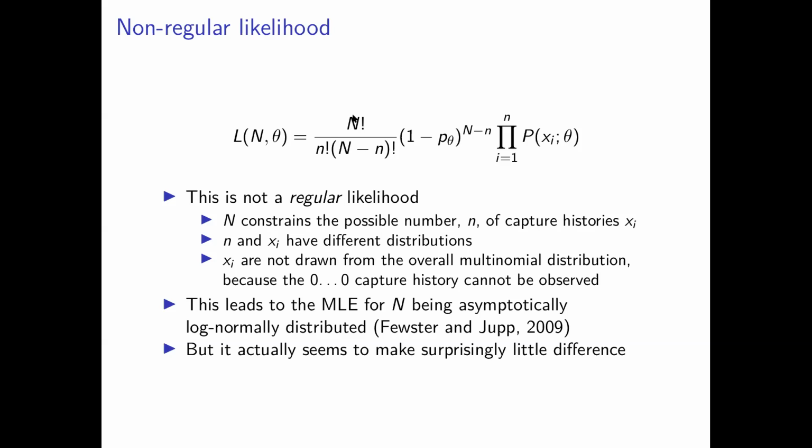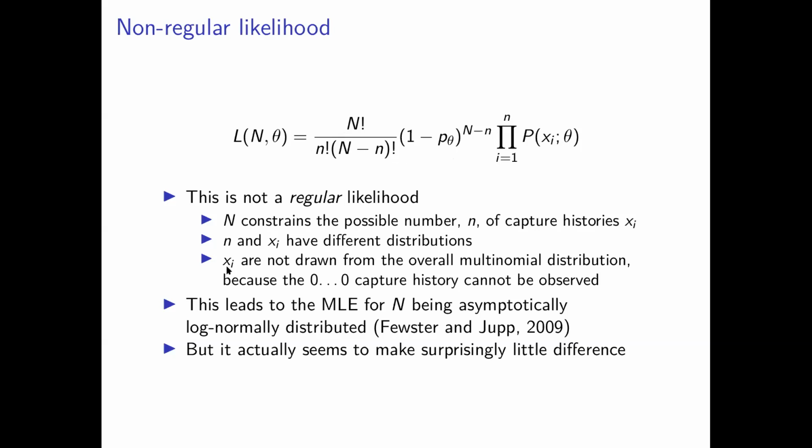And when your parameter constrains your data, you don't have a regular likelihood. Also, small n and x sub i have different distributions. So the distribution of small n is in the first part of the likelihood, and then the distribution for the capture histories is in the second part. So they have different distributions, which also means it's not a regular likelihood.